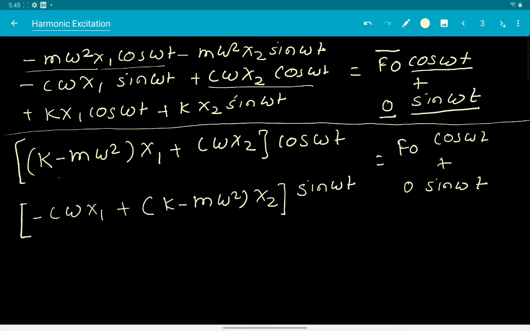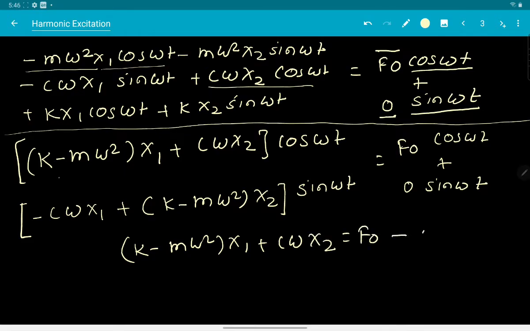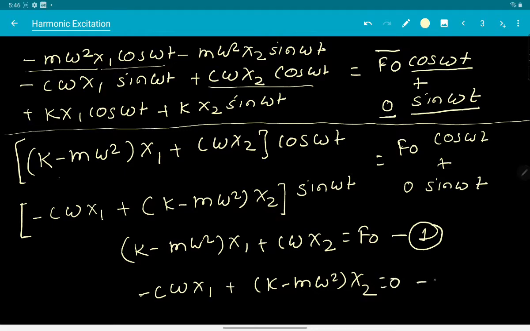The first equation is k minus m omega square x1 plus c omega x2 is equal to f0, and the second equation is minus c omega x1 plus k minus m omega square x2 is equal to 0. This is equation number 2.